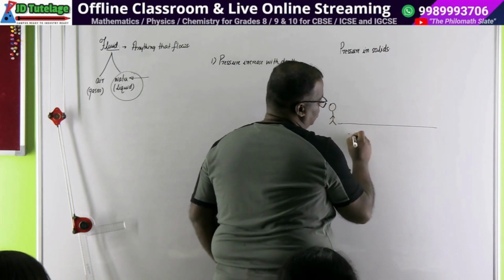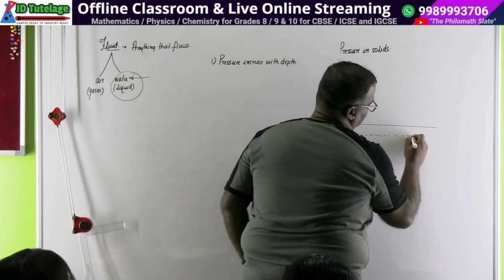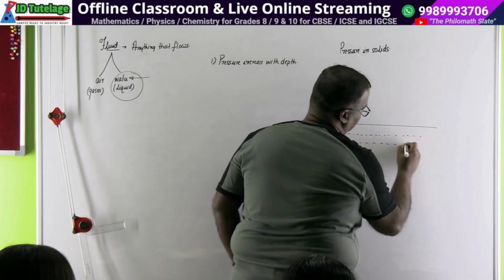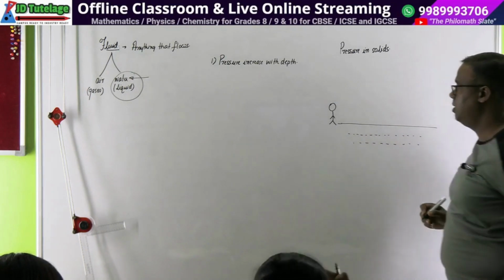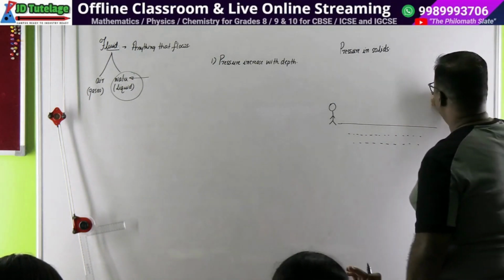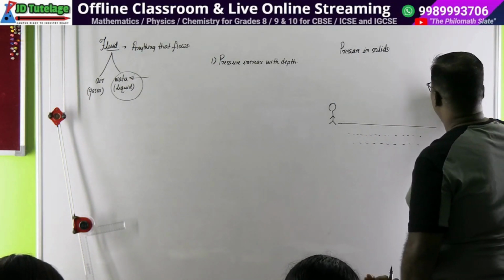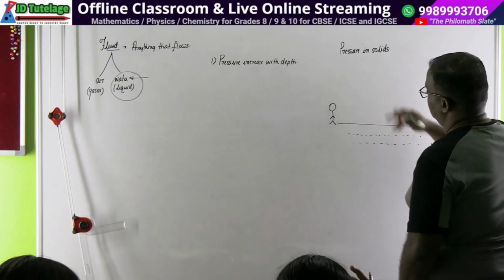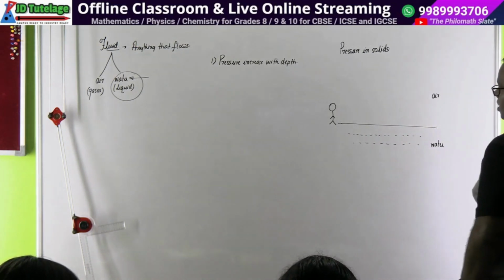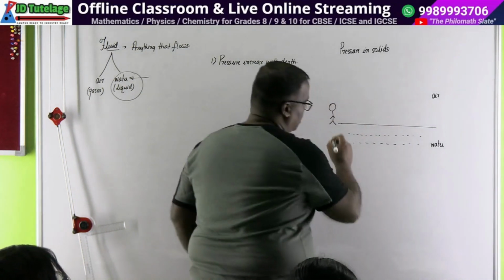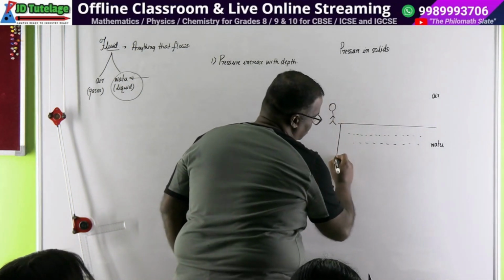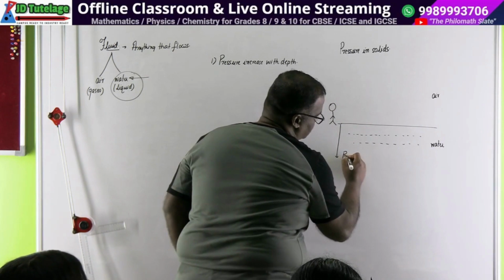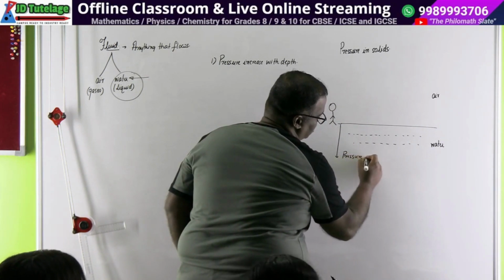Below this is all water. So what do you have here? Air. What do you have here? Water. Let's try to see the variation of pressure. Now, if you go down, the pressure increases.